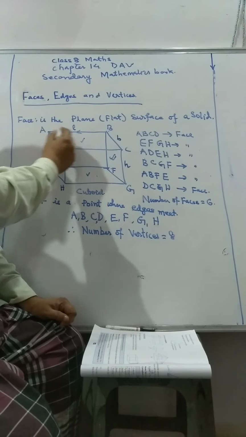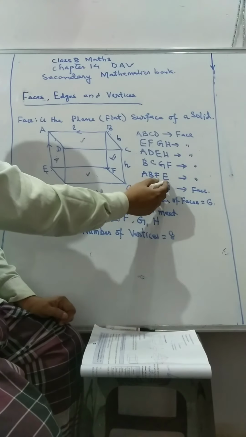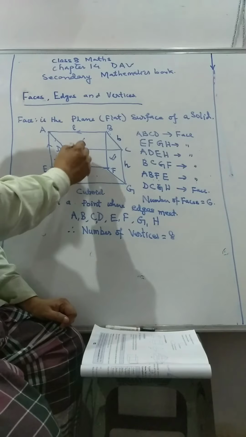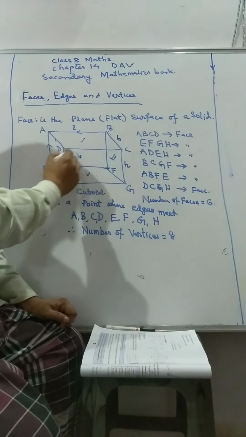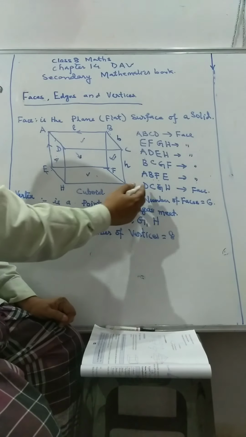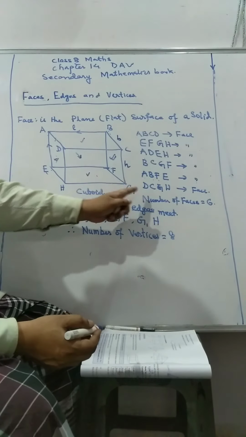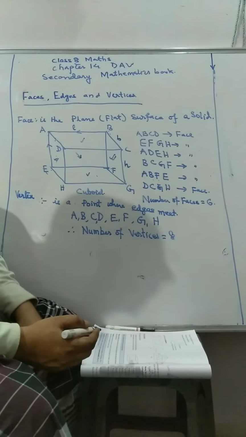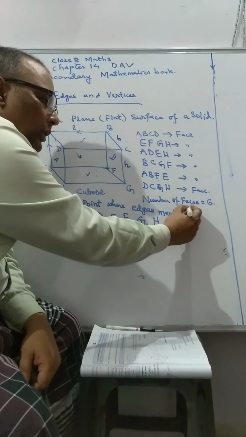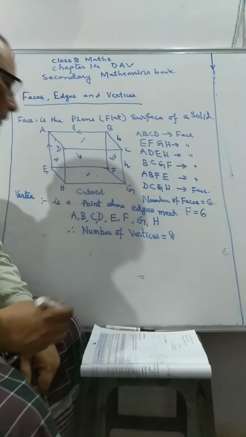Now ABFE is also a rectangular face, and the opposite, DCGH, is also a face. So how many faces are there in the cuboid? There are 6 faces. If we denote F as the number of faces, F is 6.